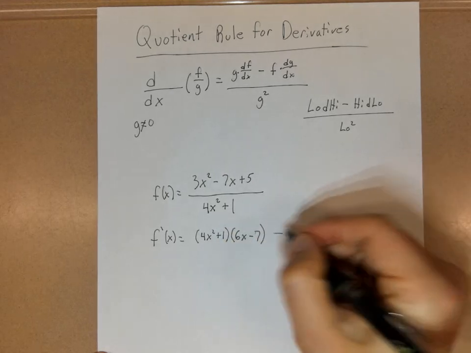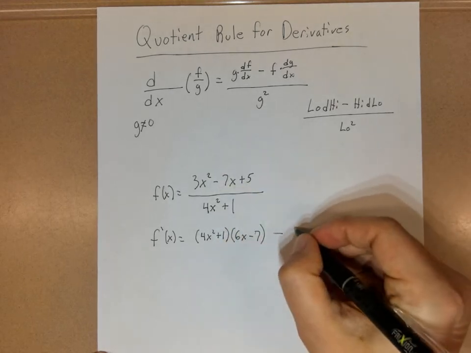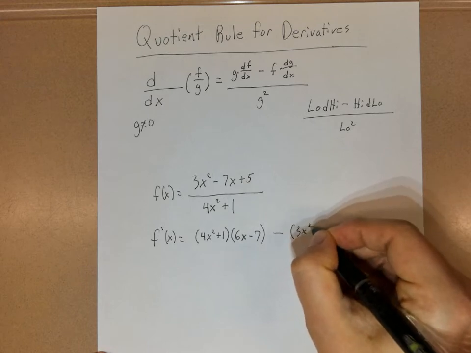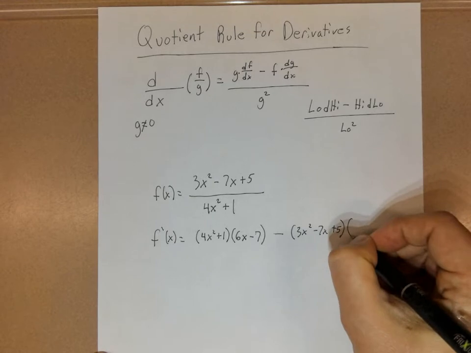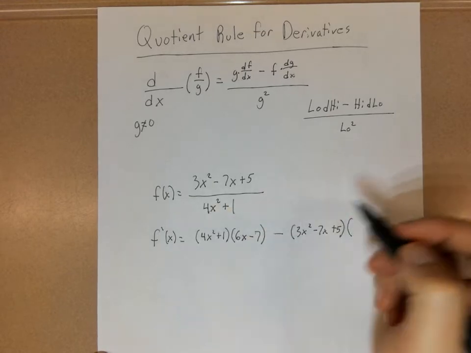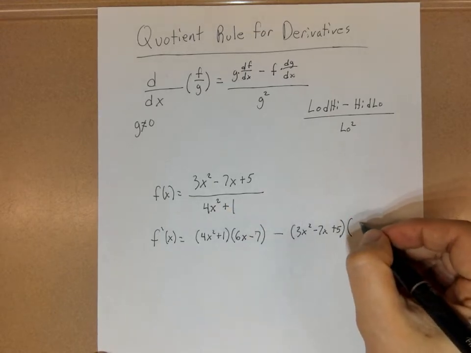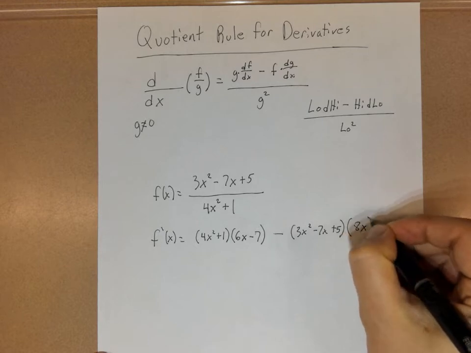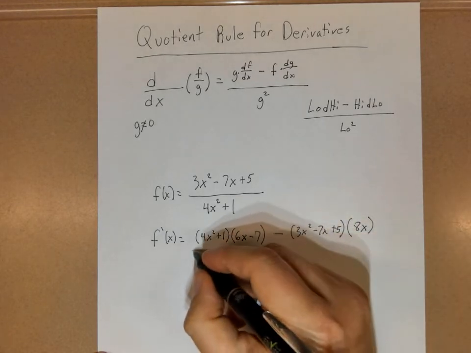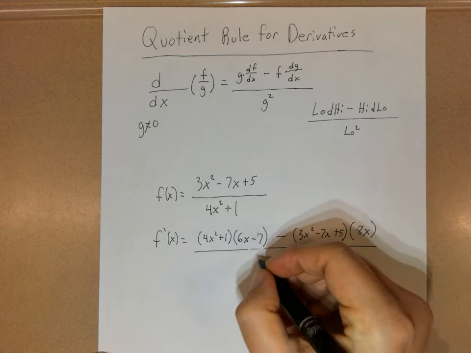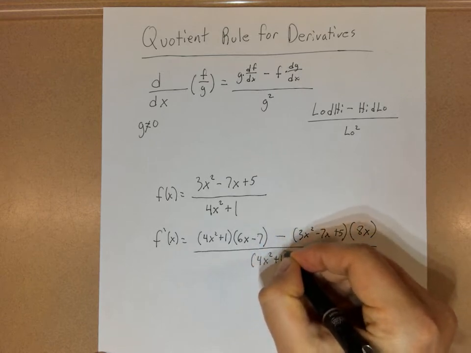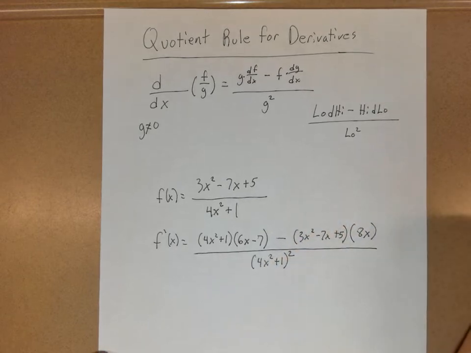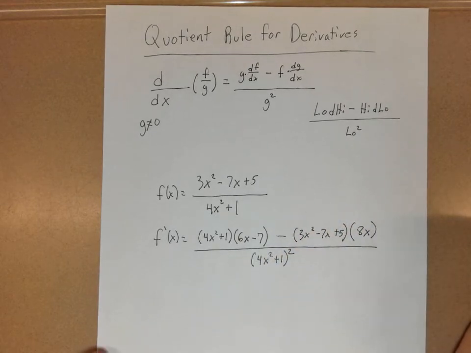I'm going to subtract my high, so my 3x squared minus 7x plus 5, d low, so the derivative of the denominator, which is just 8x, and this is all divided by my low squared, so that's 4x squared plus 1, and just make sure that quantity is squared. And that's it.